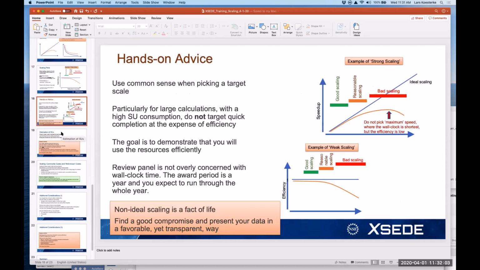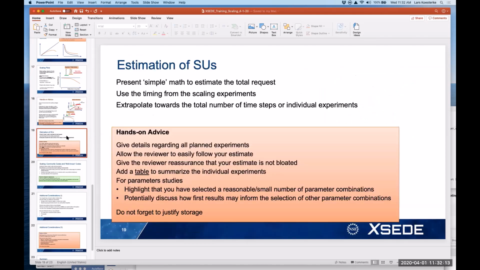Now the scaling, so far we have discussed how you use your scaling to pick a reasonable size for your computation. But there is another reason why you need the scaling data. You have to present some simple math to estimate the total request size.